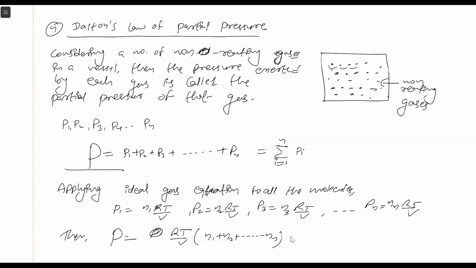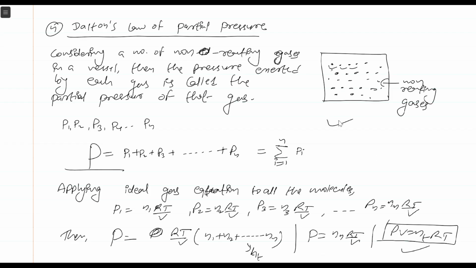And if we add all these numbers of moles, and it gives us n total, meaning the total number of moles, then P is equal to n total RT by V, and this will give us PV is equal to n total RT. So we apply the ideal gas equation like this in Dalton's law of partial pressure. Now let's move forward to talk about another law, that is Amagat's law of partial volume.